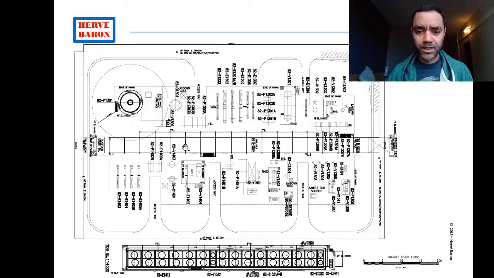In your plot plan, you will probably have the location of your pump or system of pumps. And in this case, it's probably close to the cooling tower system because you want as little pressure drop as possible between your source of liquid and your pump system.